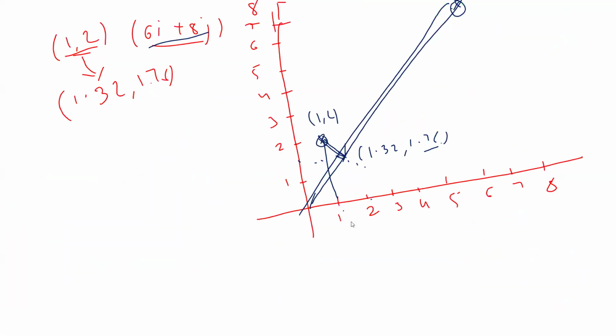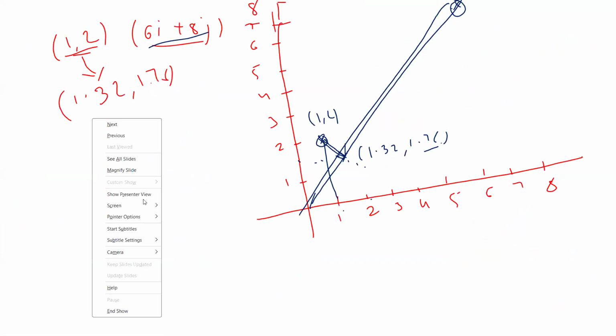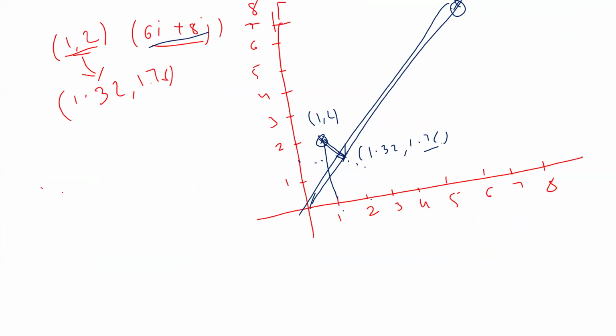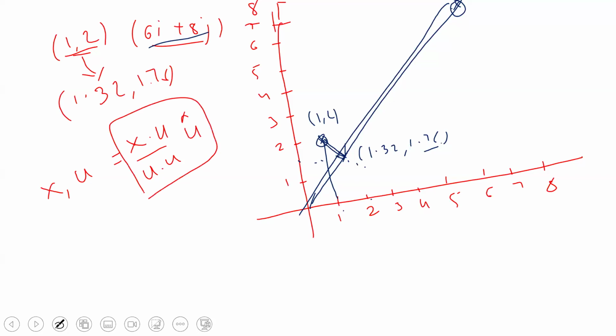The projection of a point x onto a vector u is equal to x dot u by u dot u, times u cap, where u cap is the direction of that component. So this is the magnitude and this is the direction of the new projected point. Is that clear?